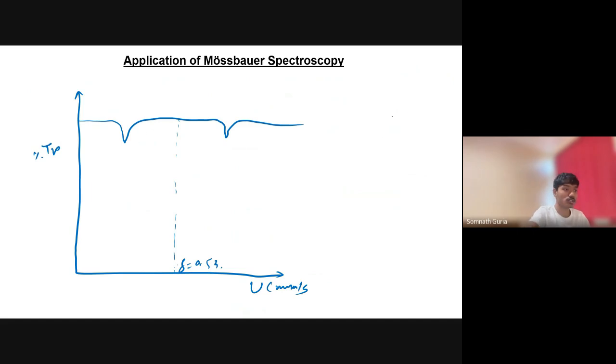Now, if we oxidize Fe2 to Fe3, we have the electron distribution over here.